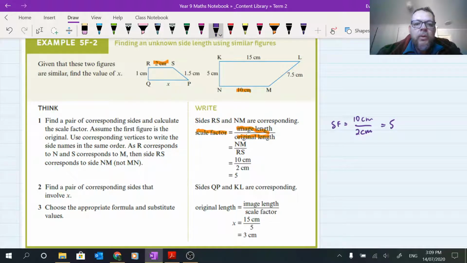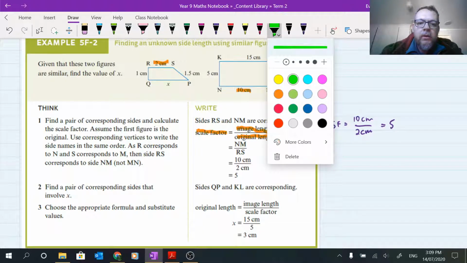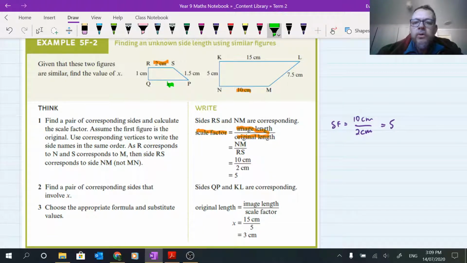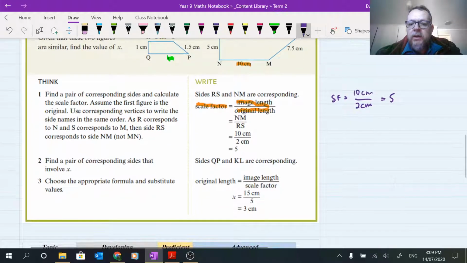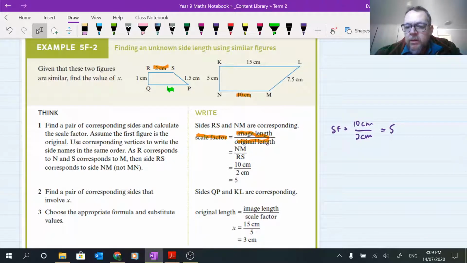And then what do we want to do? We want to find our unknown, which is generally called a pronumeral in here. So remember, a pronumeral just has a symbol. In this case it's the letter X. So what we're going to do now is just find the original length. So the original length equals what?